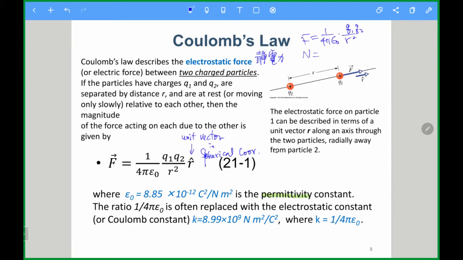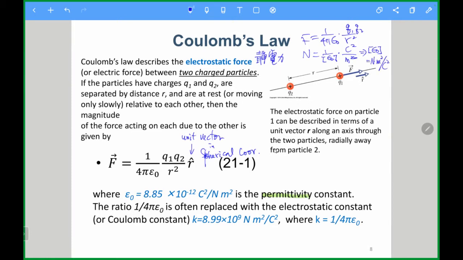And 4 pi doesn't have any SI unit, it's just a constant. So we have the SI unit for epsilon naught. For the charge Q, the SI unit should be Coulomb, so we have C squared. For the distance, the SI unit should be meter, so we have meter squared. Then you can quickly find that the SI unit for epsilon naught will be N times meter squared over C squared, something like that.